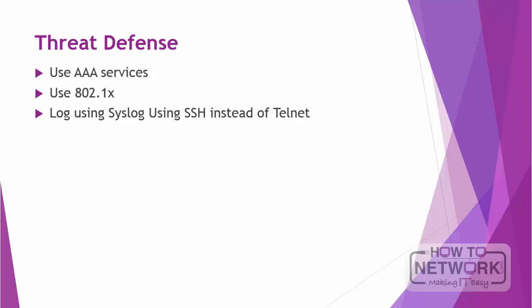This is a protocol used by Cisco IDS and IPS sensors to send information to the management stations. Use SSH instead of Telnet to avoid any management traffic crossing the network in clear text. Use secure versions of management protocols such as SNMP version 3, NTP version 3, and SFTP.